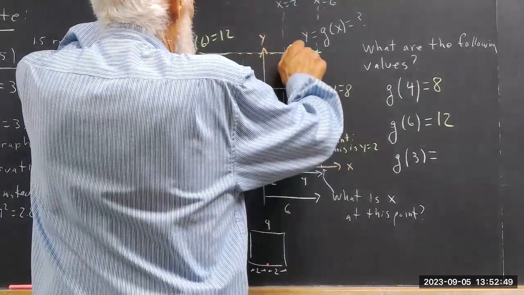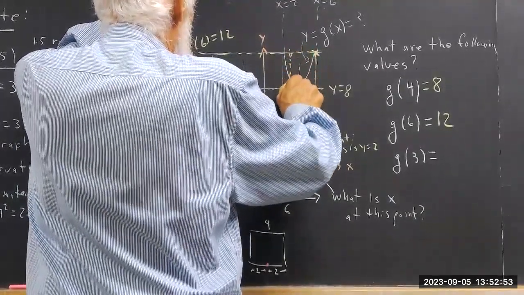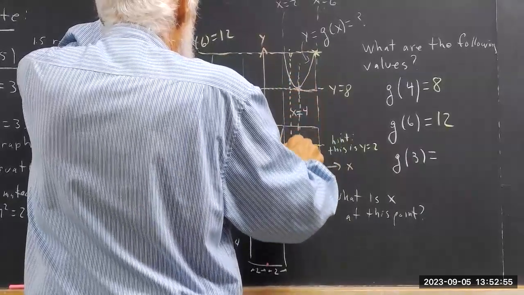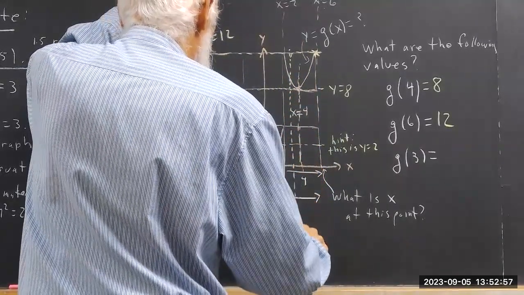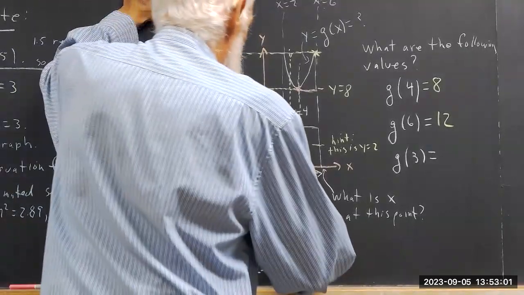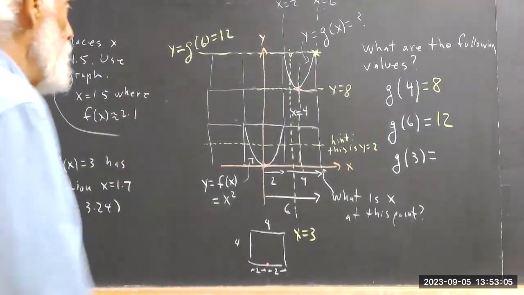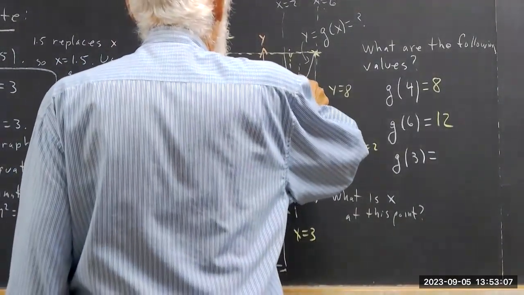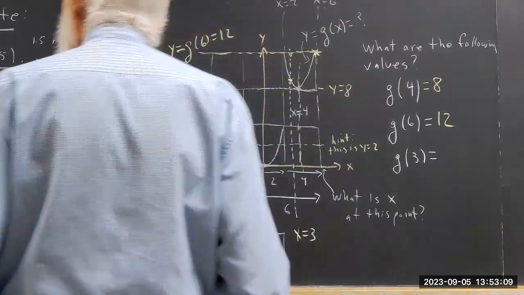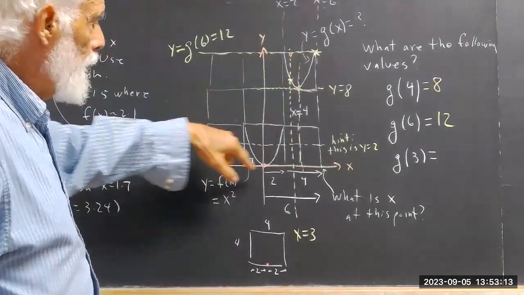Here's the curve. Y, x equals 3. Okay. And here's the point. This curve is an exact copy of this curve.